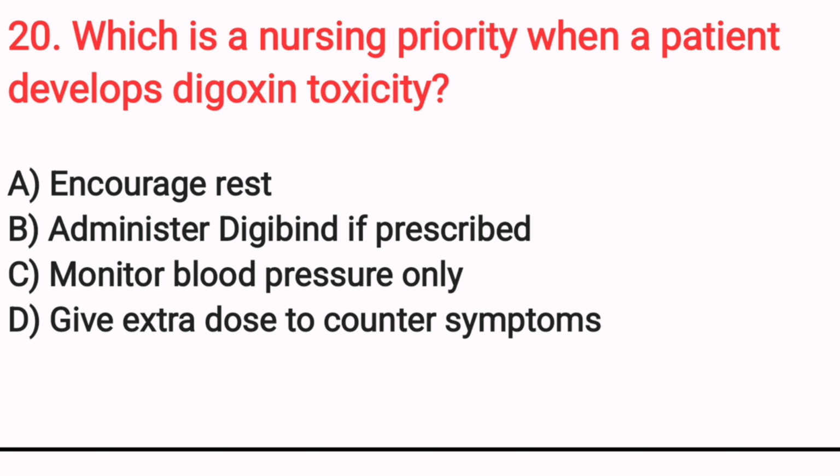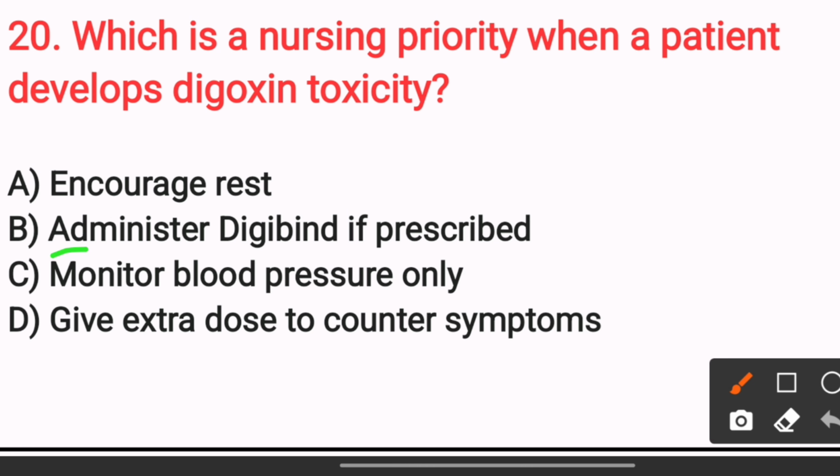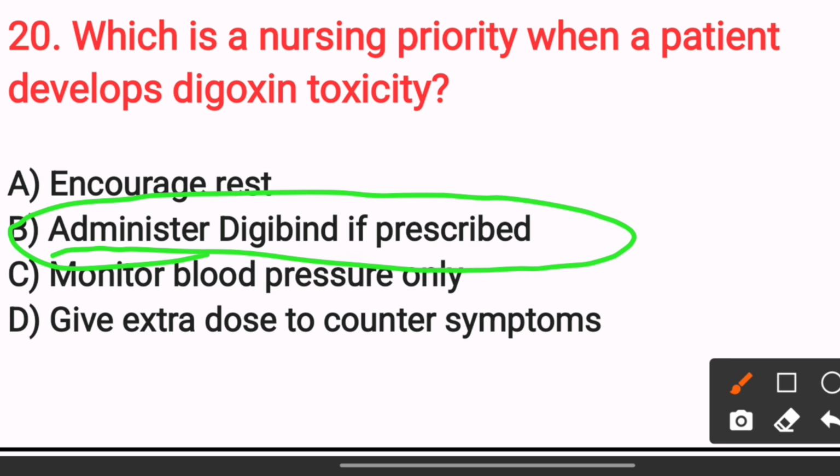The answer is option B, administer digibind if prescribed. Rapid reversal with digoxin-specific antibodies is essential for life-threatening toxicity, so if prescribed, the answer will be option B.